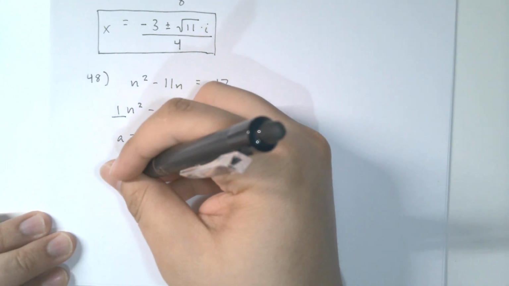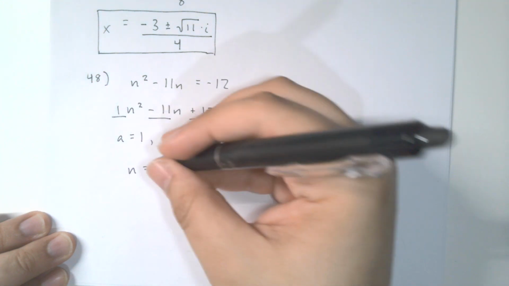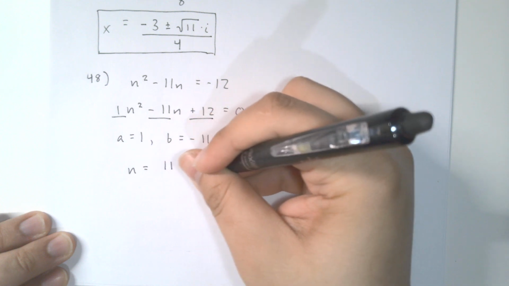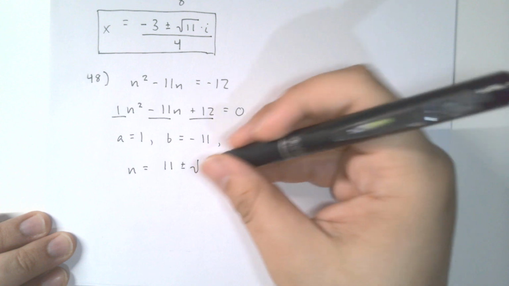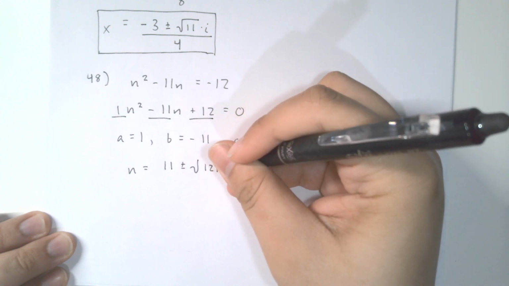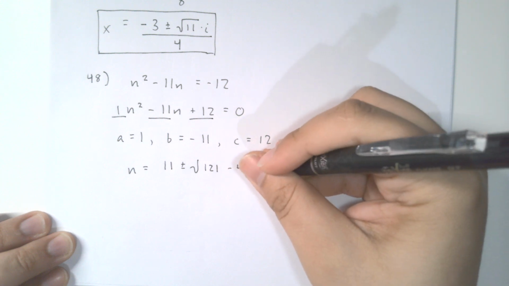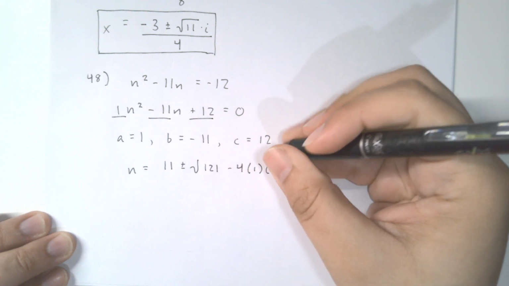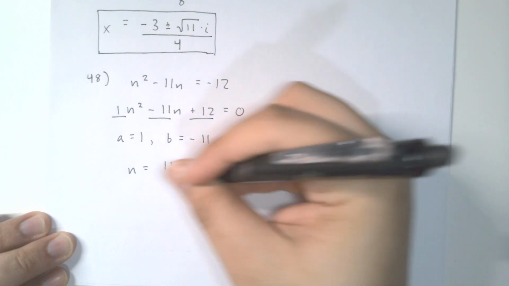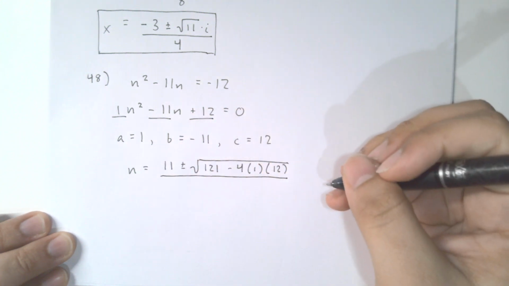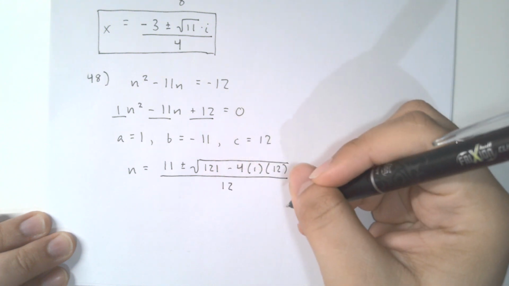Plugging into our formula, we have n is equal to negative b. So negative 11 is going to be positive 11, plus or minus the square root of negative 11 squared, which is 121, minus 4 times a, which is 1, and c is 12, all over 2a, so we have 2 times 1, so 2.